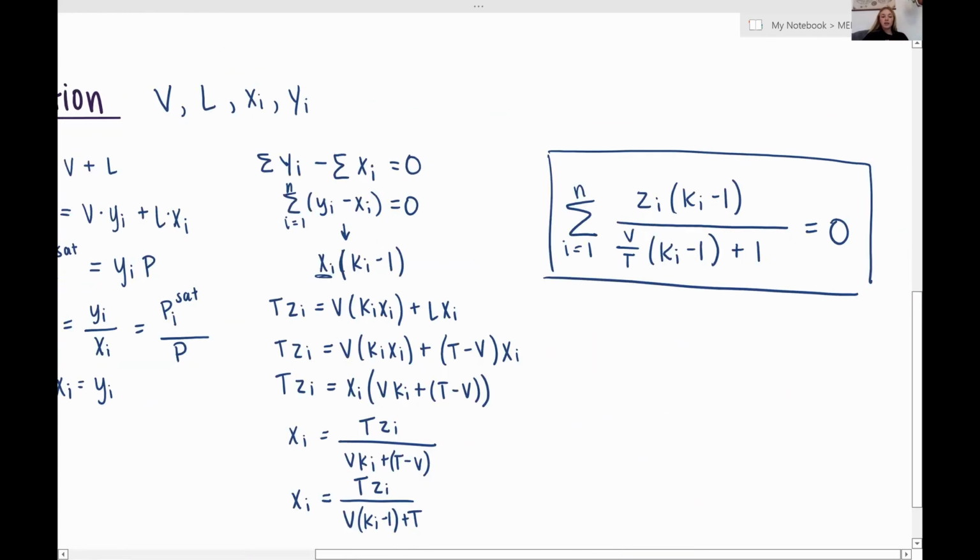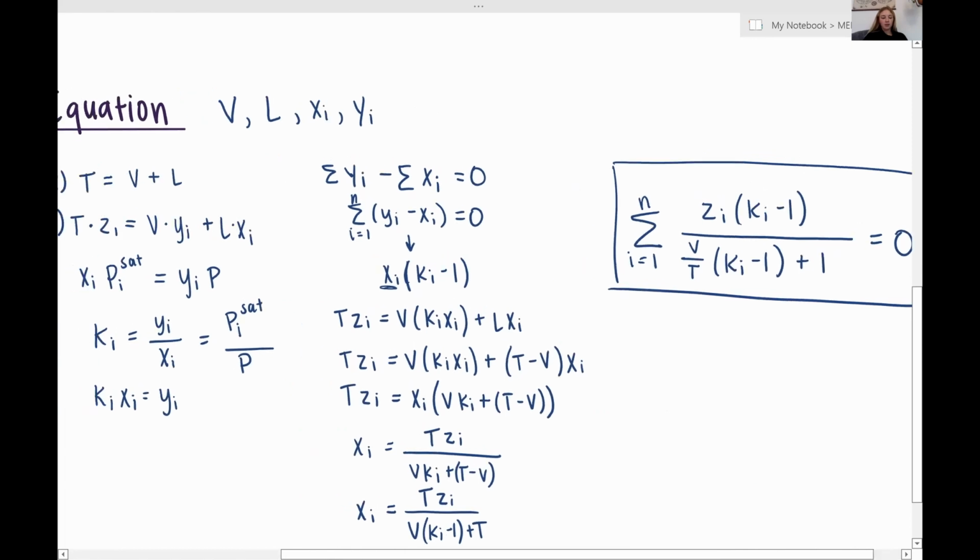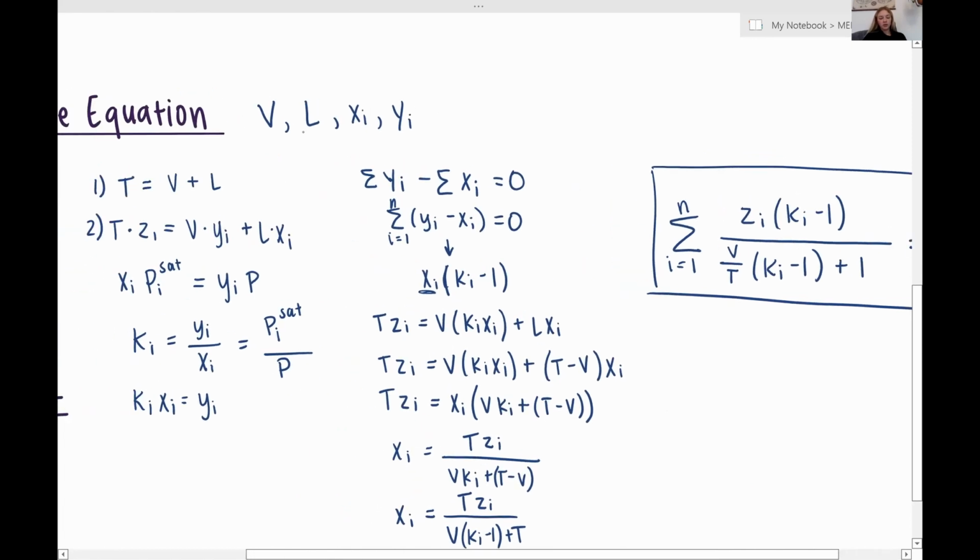Once we find V, we can then use that value to calculate our L, the flow rate of the liquid coming out. And then we can use equation 2 to find the components of the vapor phase and liquid phase.